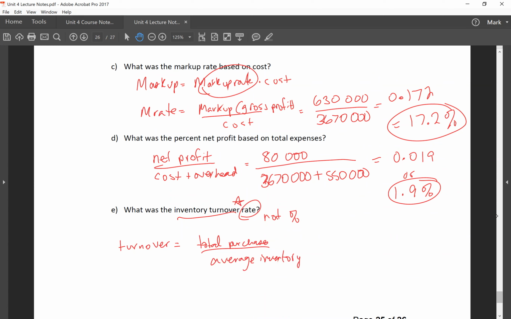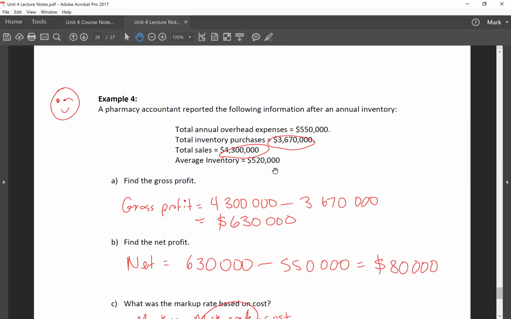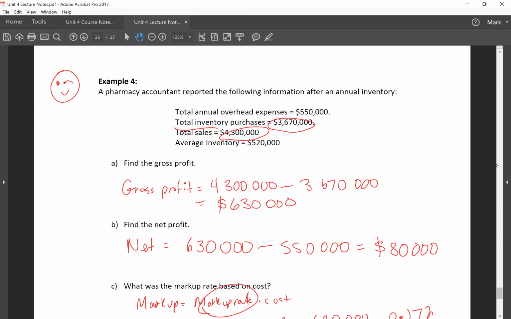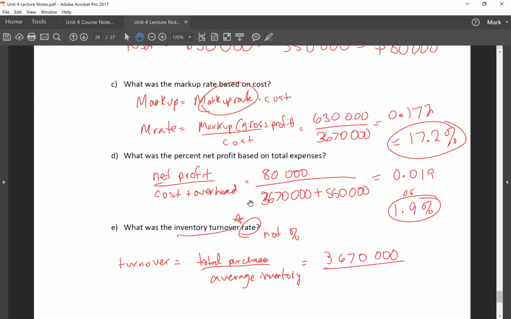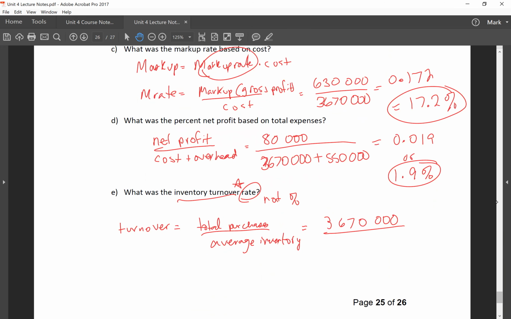So my total purchases was, I think, 367,000 divided by my average inventory. My total purchases comes from up here, total inventory purchases. My average inventory is 520,000.